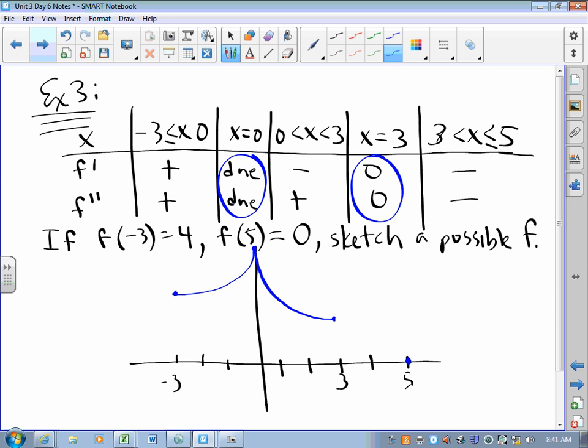Then between 3 and 5, f prime is negative and f double prime is negative, which means that f is decreasing and concave down. So I draw a decreasing concave down graph, and I get something that looks like that. There are obviously multiple forms of that correct answer, but they all have to look something like that.